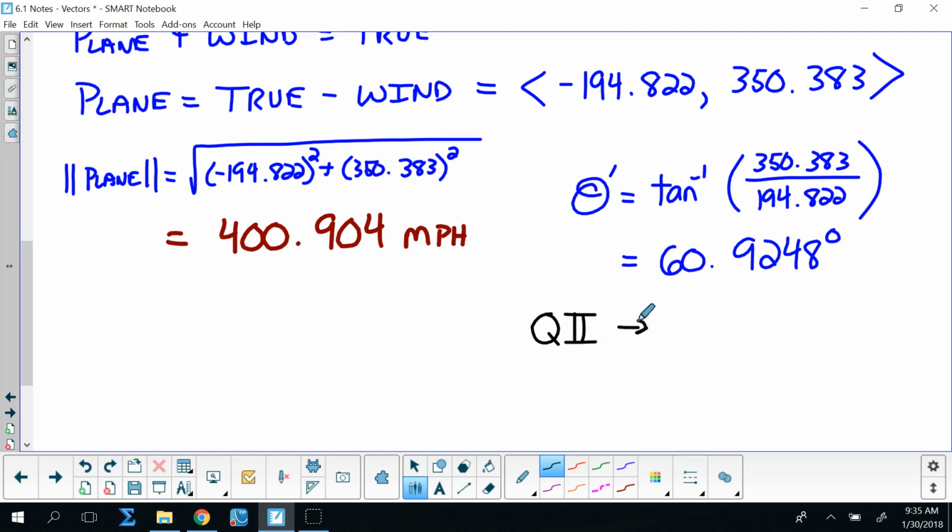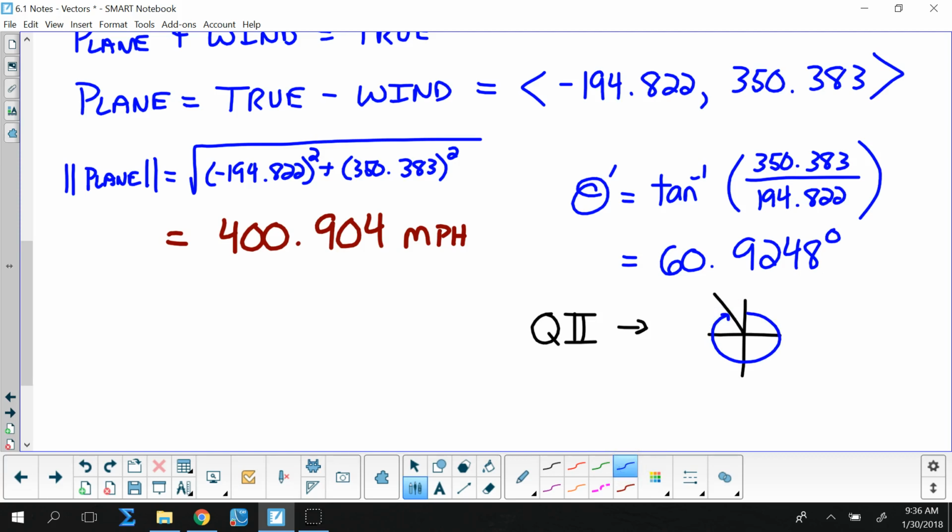Okay? So if I'm dealing with a quadrant number 2 angle, okay, that's somewhere up in this general area. Yes? Okay? So if I'm dealing with that, then my bearing, remember, my bearing will come all the way around to that angle.